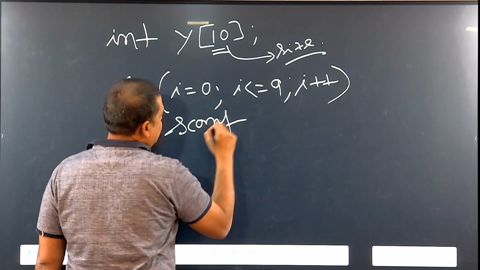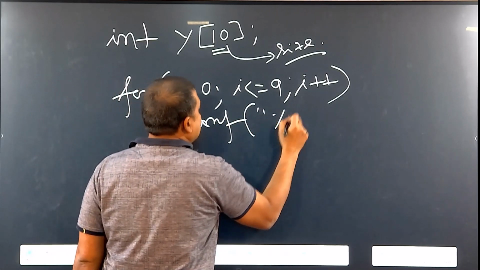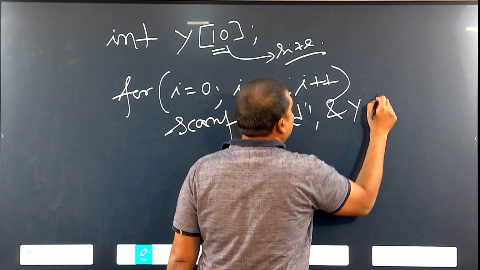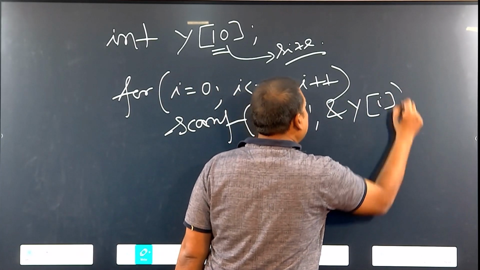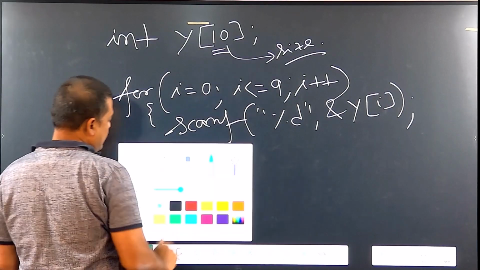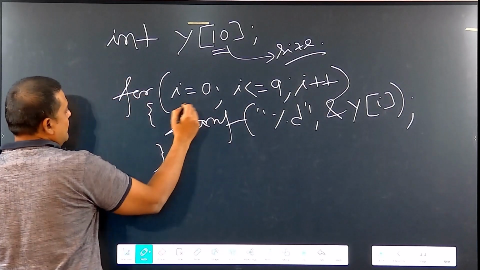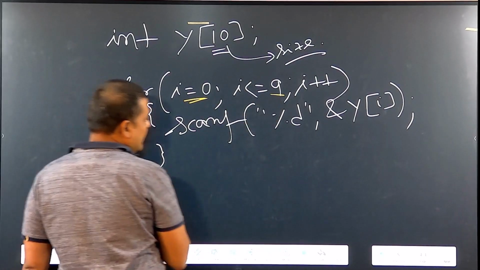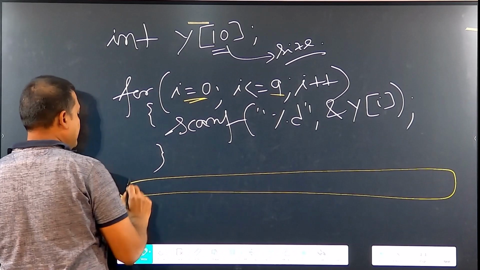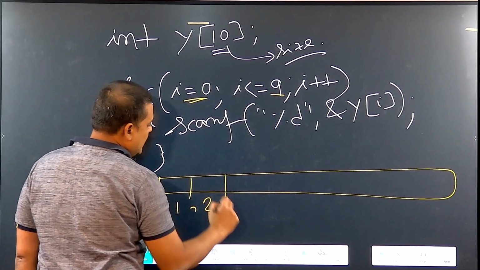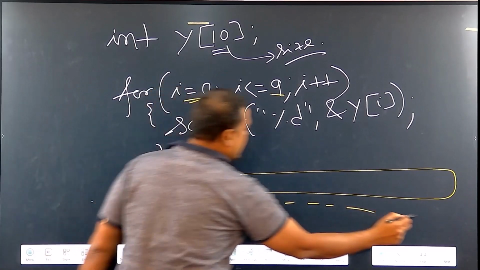तो यहाँ पे ले लो scanf %d, comma, address of y of i. सो यहां पे क्या होगा, देखो i का value initially 0 है, i less than 9, yes. So in this place, मान लो this is our memory, this is 0, 1, then 2, then 3, then 4, 5, 6, 7, 8, till 9.